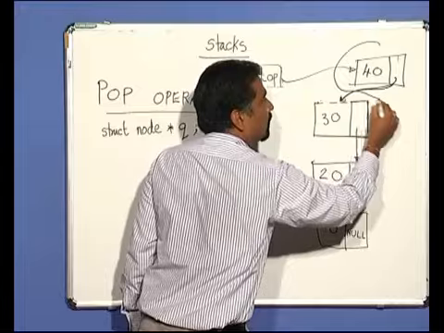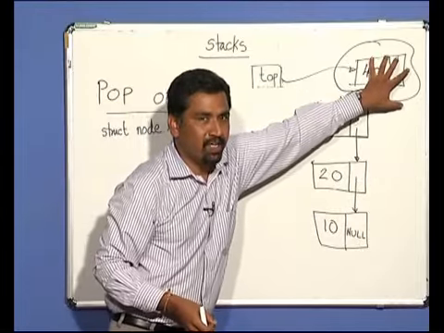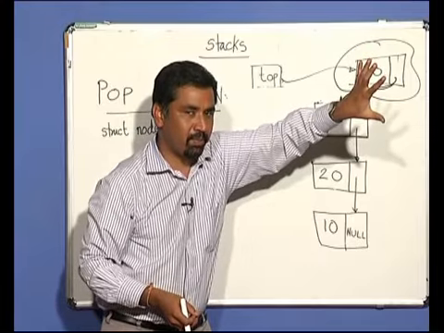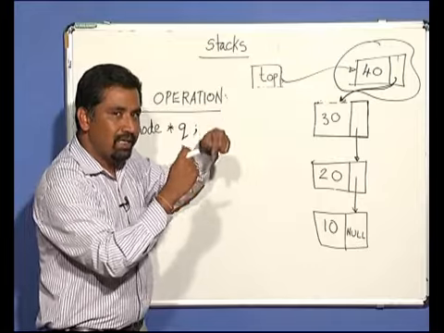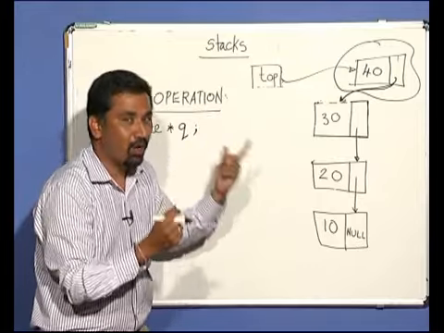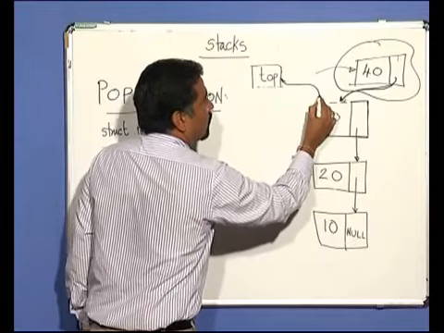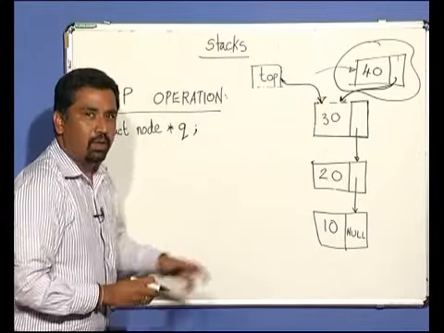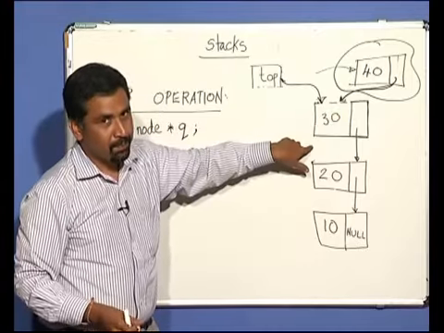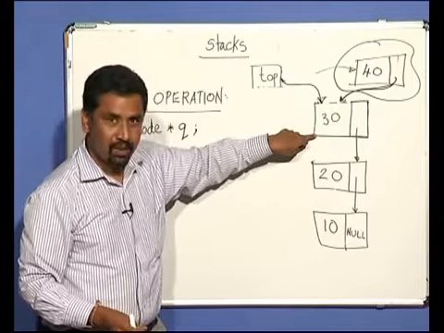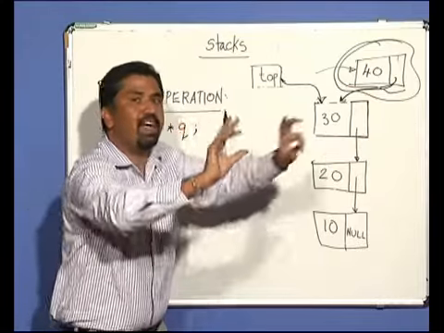After this element has to be removed because of the pop operation. Once that is removed, again the links have to be adjusted. In what way? Now top should be pointing to the element which comes after 40. That is one thing. And then this node should be freed.